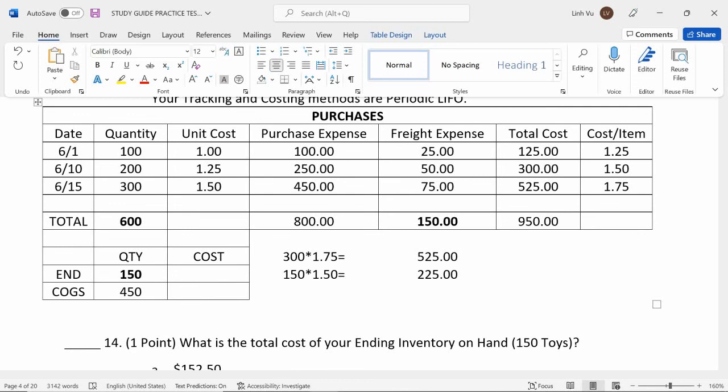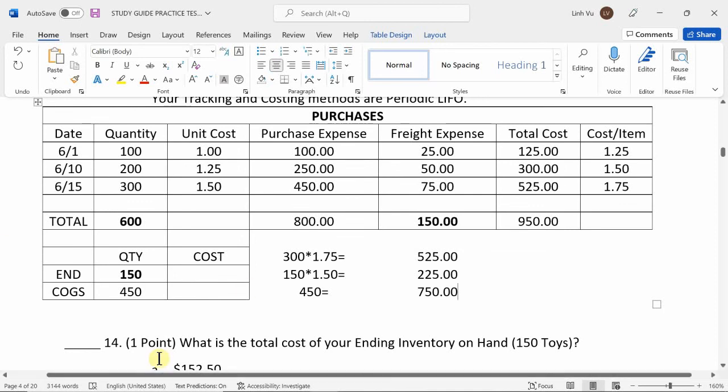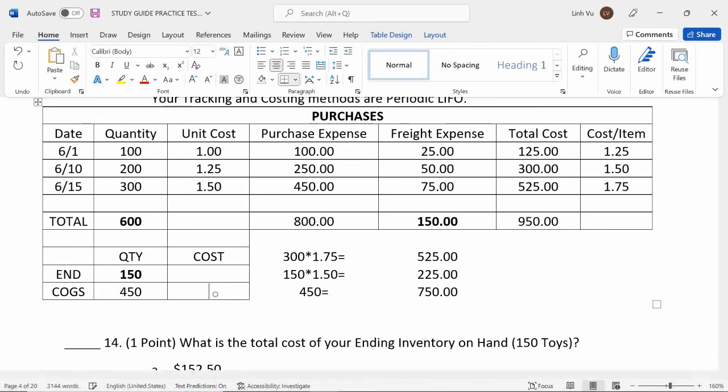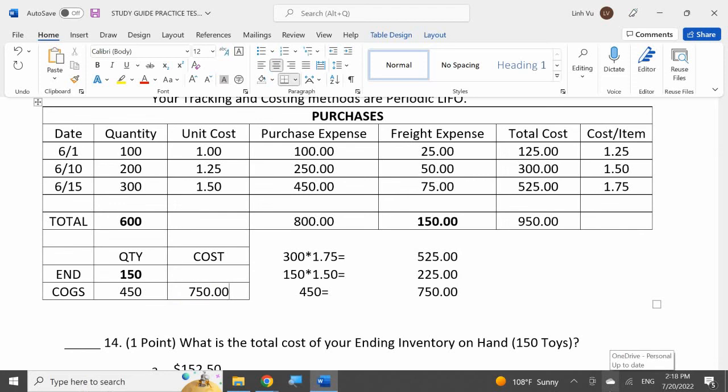Okay, so that gives me a grand total of 450 units. Okay, which will give me a grand total of $750. $750. So in this case, it cost me a grand total of $750 to sell 450 units. Now in this case, right, how do I solve for my ending balance?